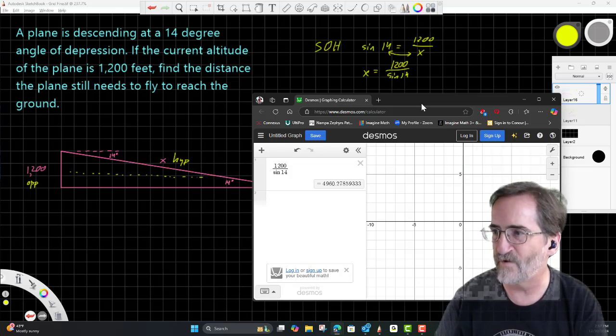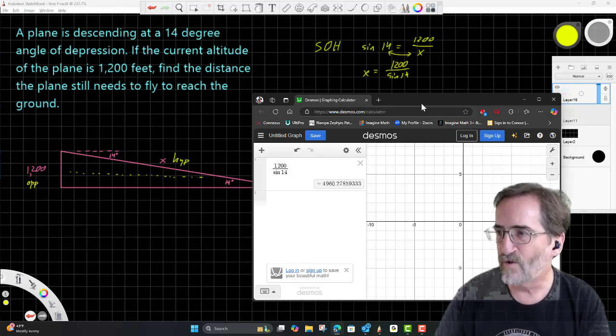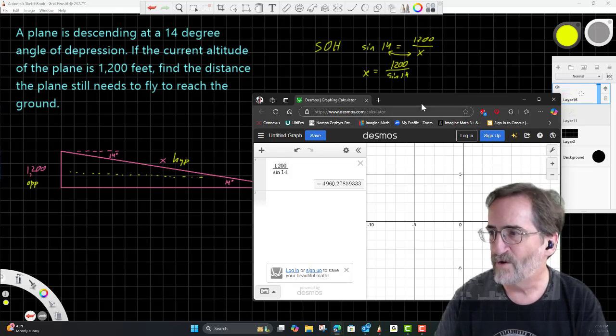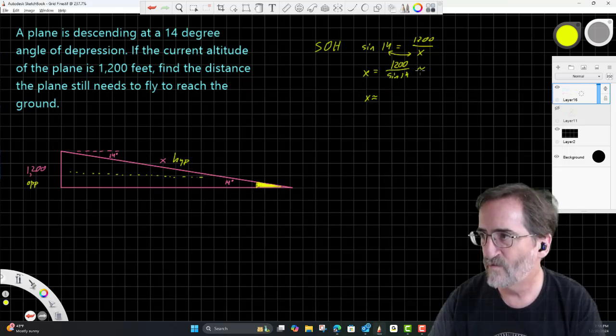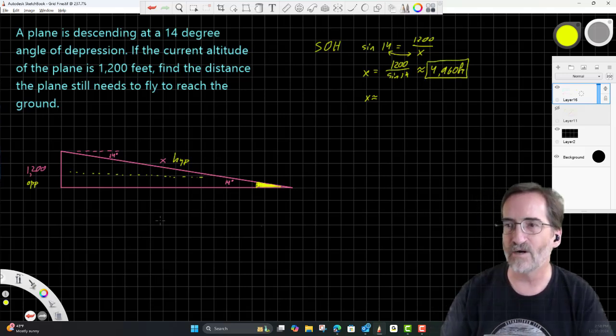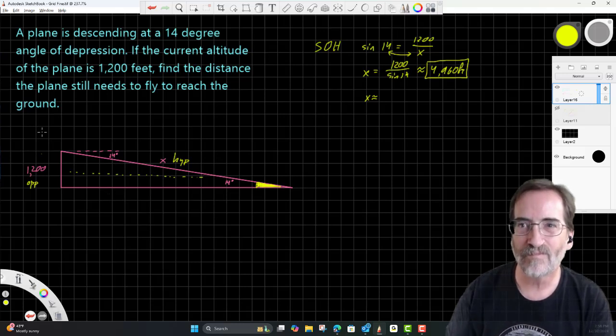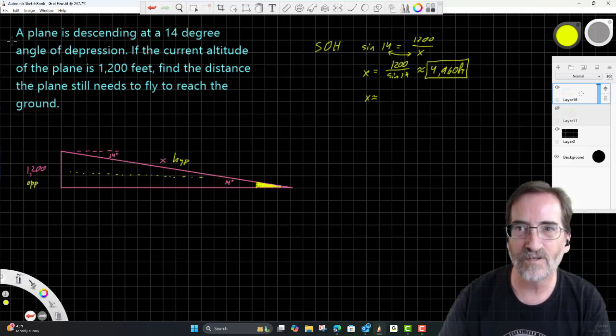It currently is because I've already had it open. 4,960.3, so I'm going to round it to the nearest foot, 4,960 feet. That is how many feet, to the nearest foot, the airplane needs to fly to reach the ground. Okay, and that was question number 2.